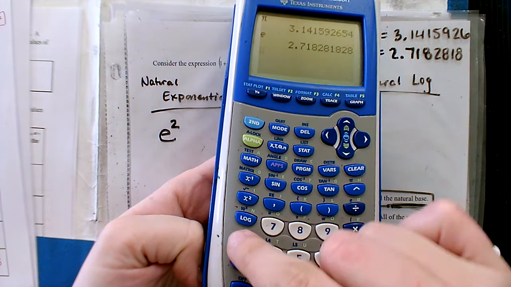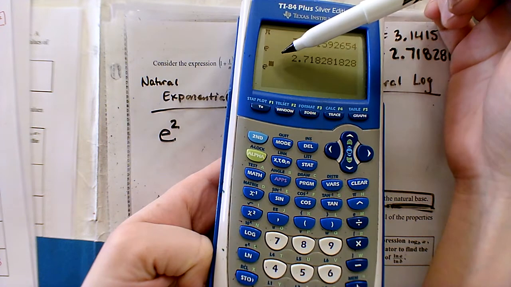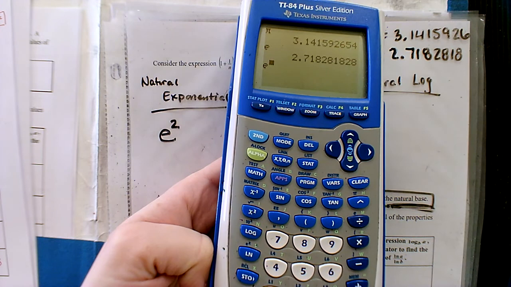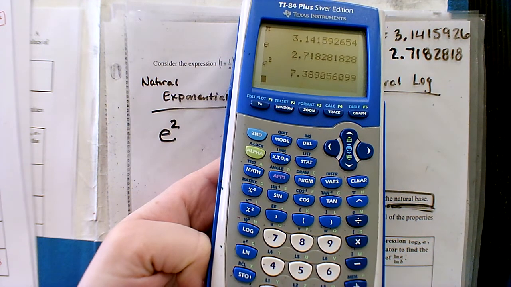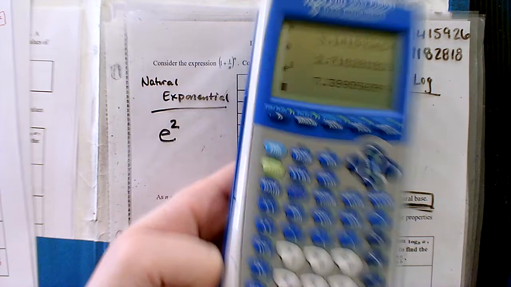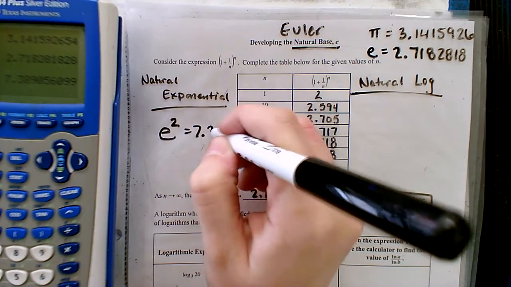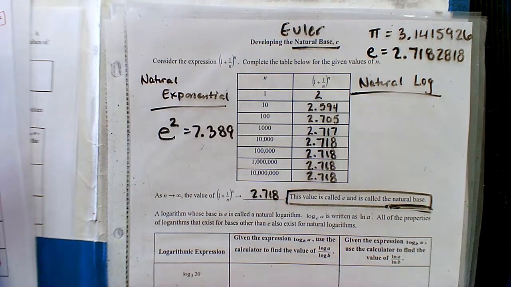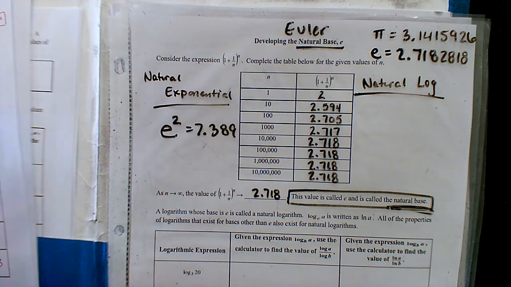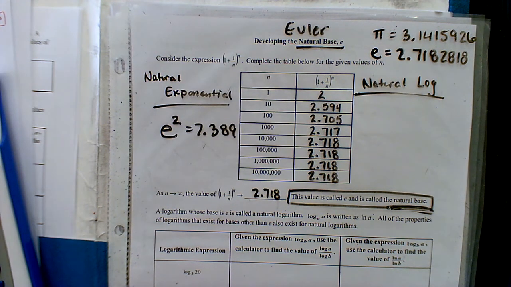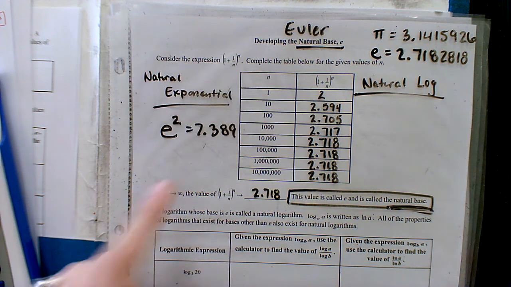You could select that option, and it's going to bring up a little box for you to write in a power. Okay, so e squared is 7.389. If we were to square 2.718, we'd get 7.389. So this is a natural exponential, natural meaning it's a base of e, this 2.718.